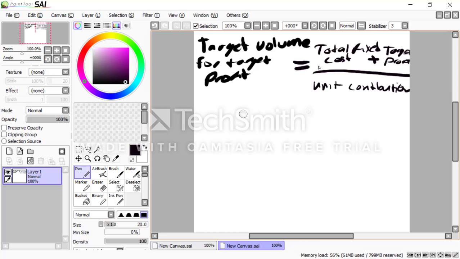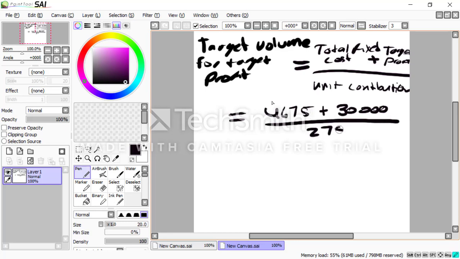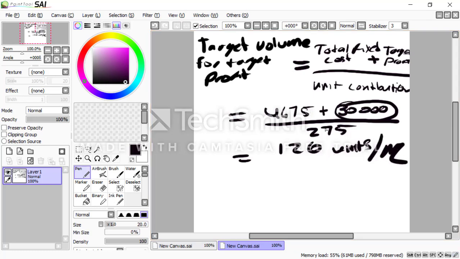So that will come to 4,675 plus, let's say our target profit each month to bring us to $30,000. That's what we'll say our target profit is, over 275, and that will give us 126 units. 126 units are needed for $30,000 in profit every month.